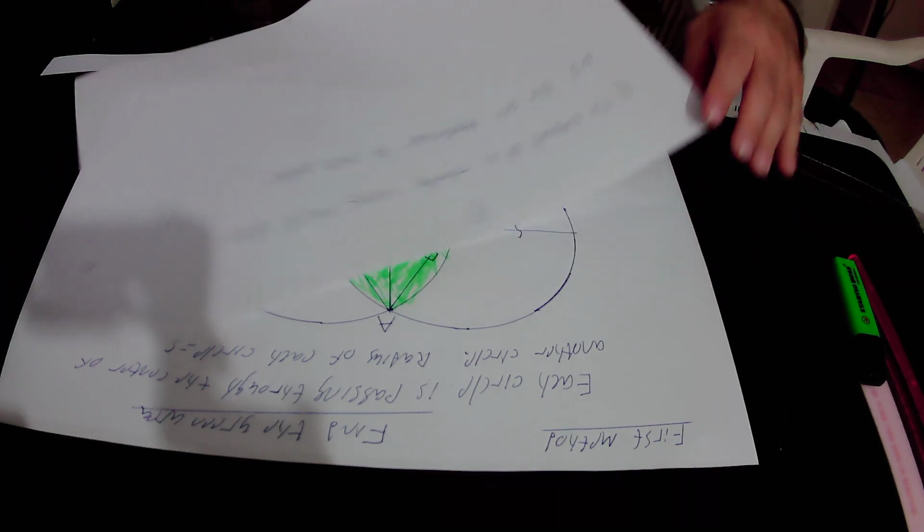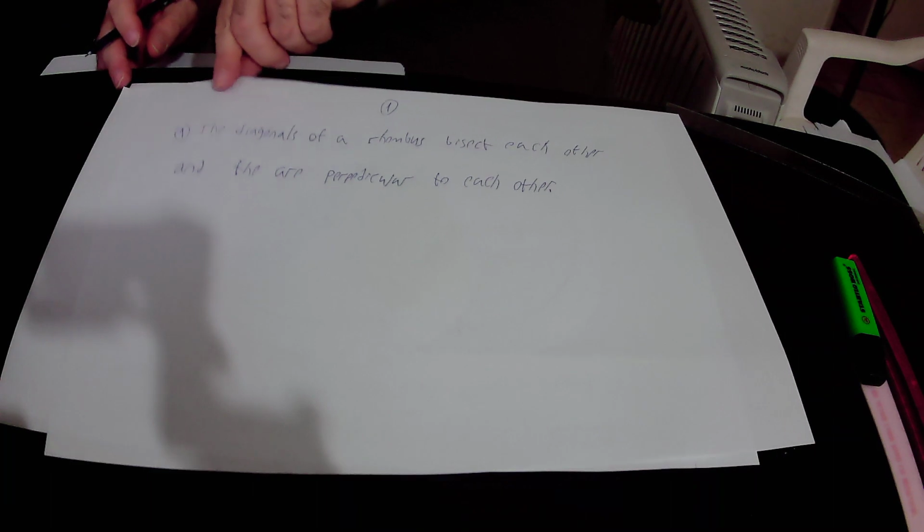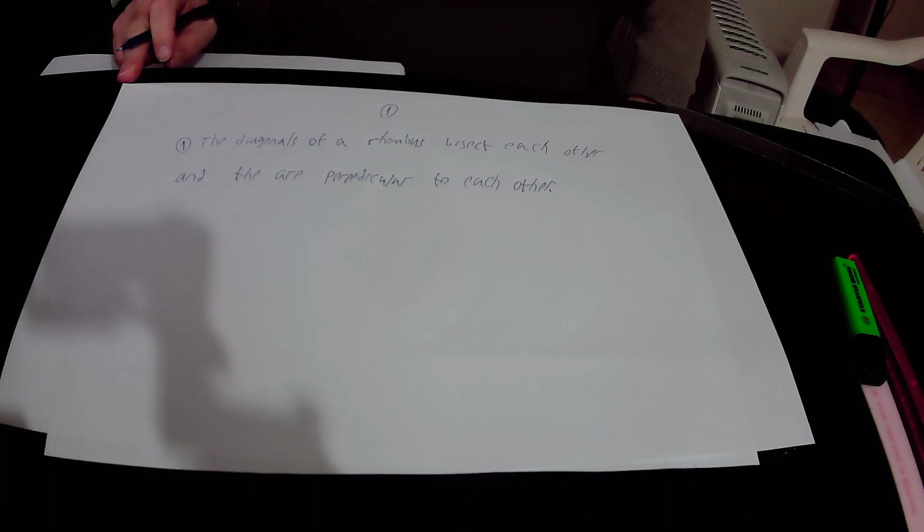I repeat again, the diagonals of a rhombus bisect each other and they are perpendicular to each other.